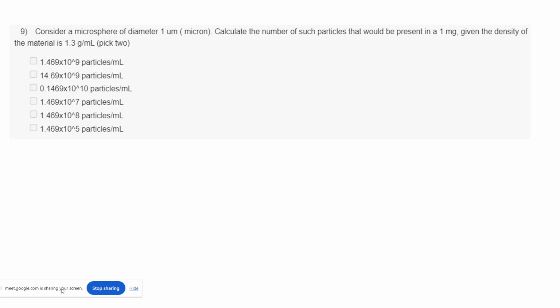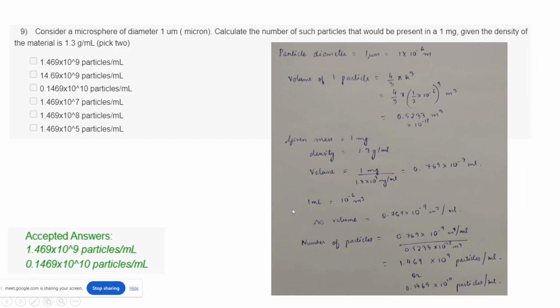Okay, let's look at the answer. Here the particle diameter is given as 1 micron, or if we convert it into meters, 1 into 10 power minus 6 meter. The volume of one particle would be 4/3 pi r cubed, which gives us a value of 0.5 into 10 power minus 18 meter cube.